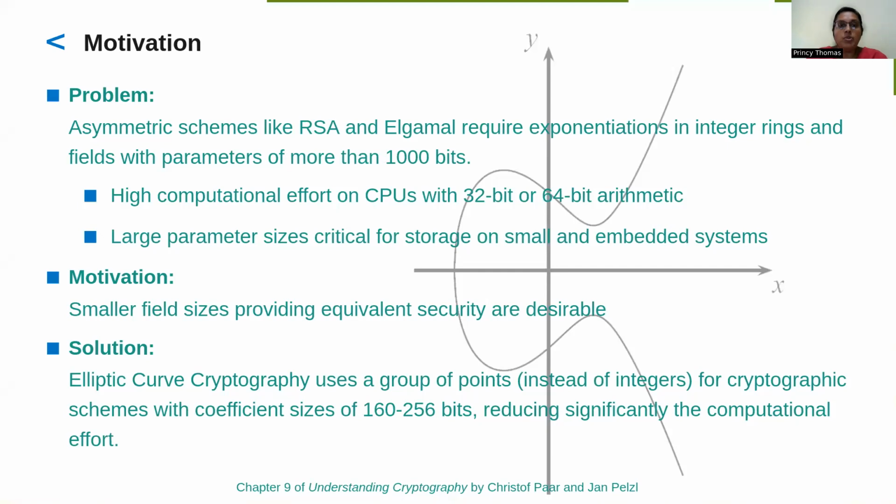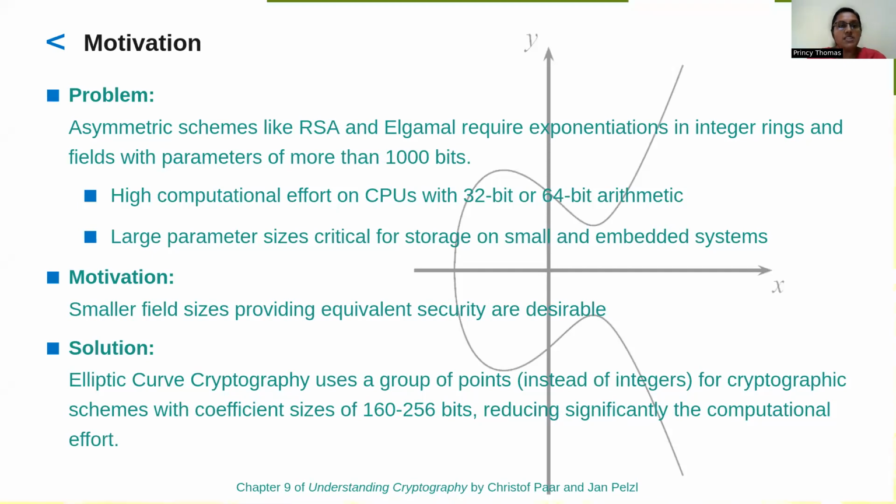So the computational effort on a CPU with 32-bit or 64-bit arithmetic was high. The large parameter size was also critical for storage on small or embedded systems. So this was one of the problems.